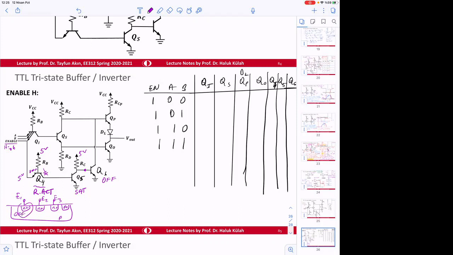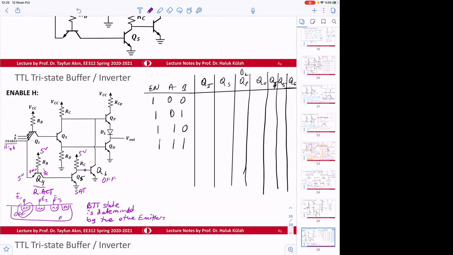If the junction is off, the BJT state is determined by the other inputs.